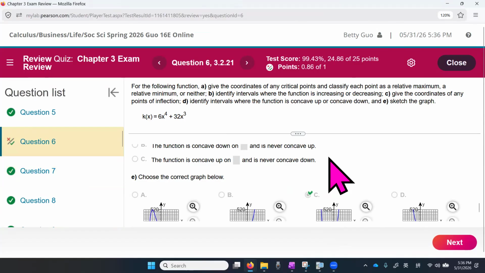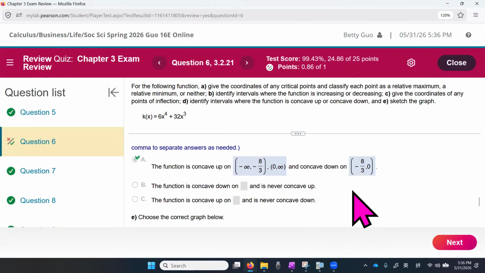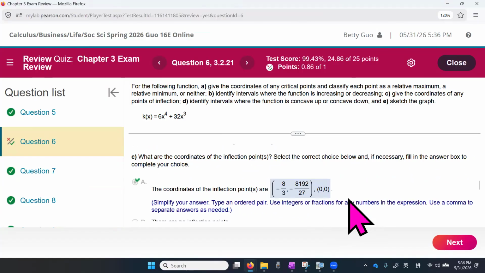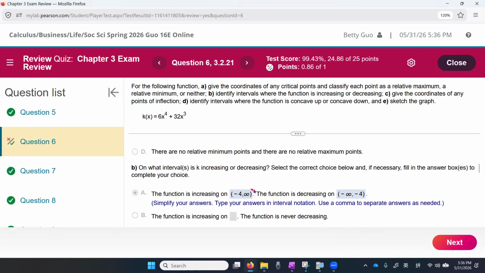Question number 6. Oh, this one. Function is increasing. Oh, yeah. So let's go back to the chart.